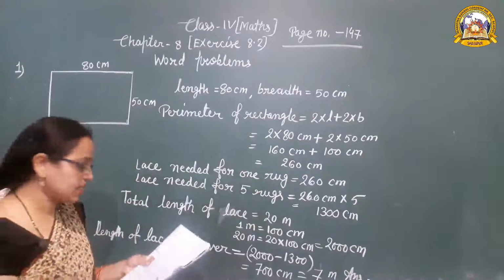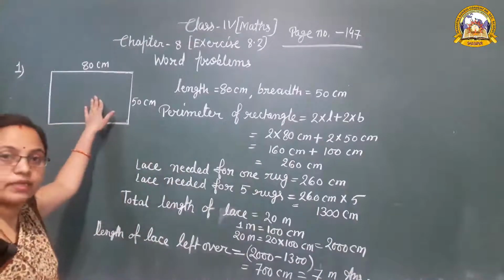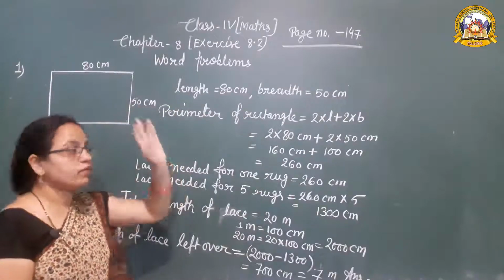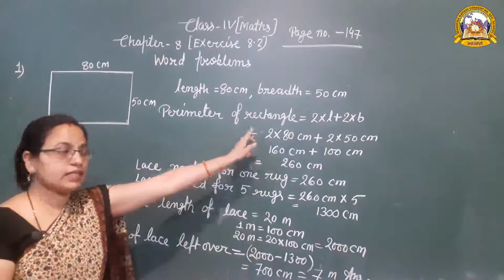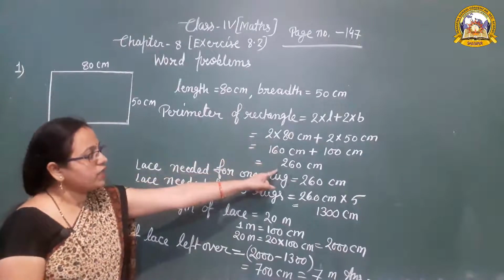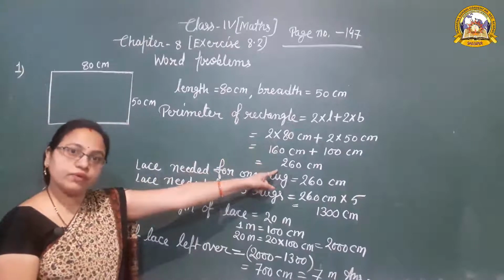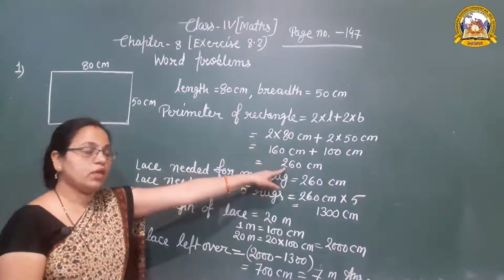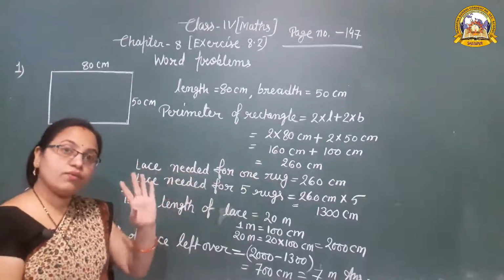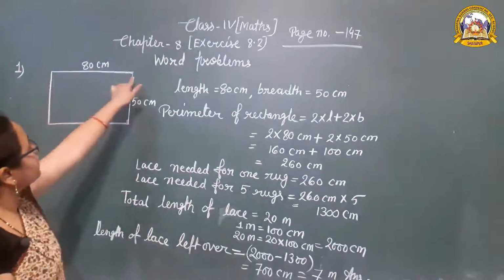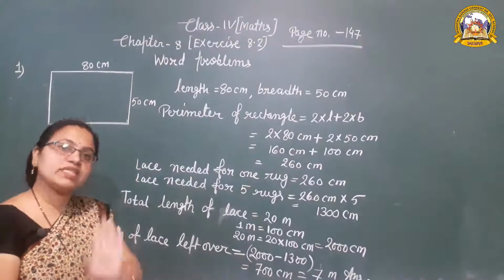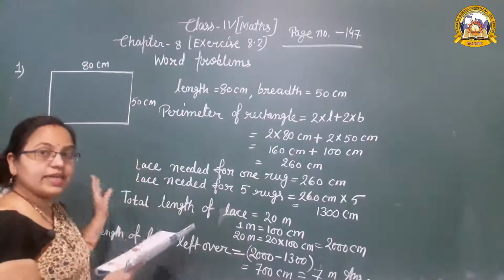From the starting once again. The rug is in the rectangle shape, and length and breadth are already given. First we find the perimeter of the rectangle using the formula. Both values are put in the formula to find the total boundary of the figure. That is the perimeter. When we cover the lace on this boundary, one round is covered by the lace.